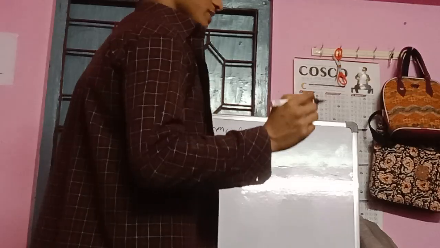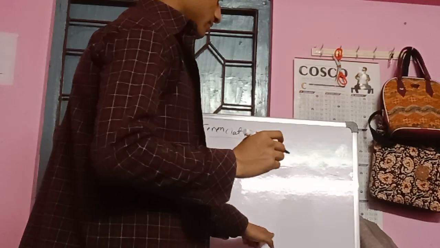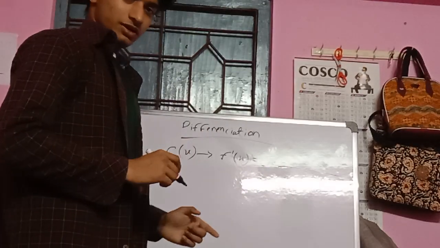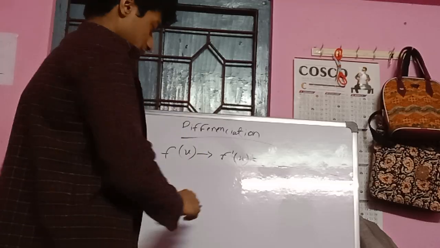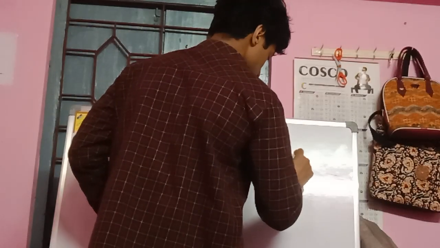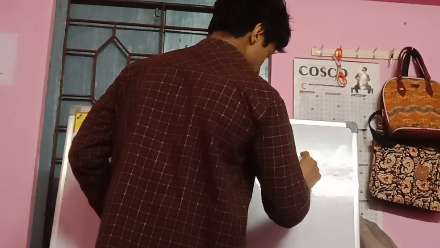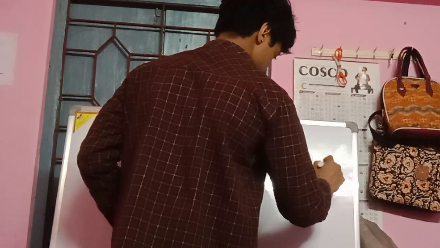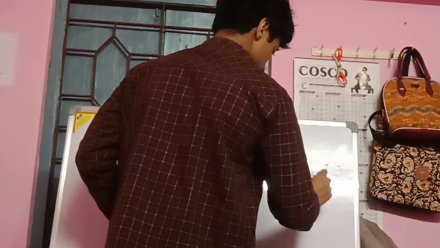From our previous calculations, actually I made a mistake. I picked that out, you can rewind the video and check it out. It would be f of x plus h minus f of x, divided by h.